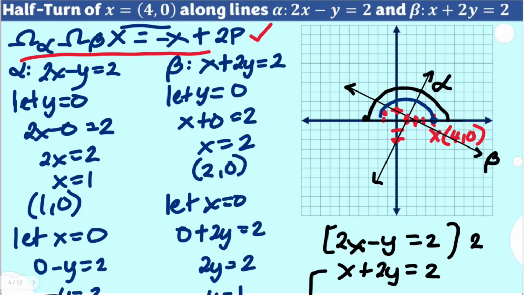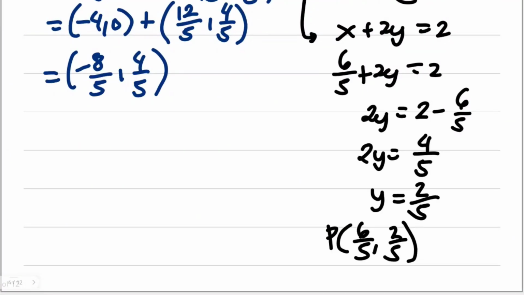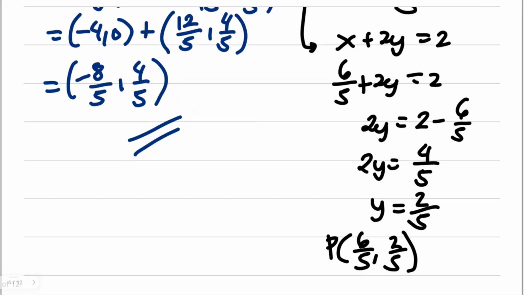That would mean it's no longer the possible half turn, because a half turn should pass through our center, which is point P. So this is the correct form, not on the negative x-axis. The final location of the half turn is here, with coordinates (-8/5, 4/5).